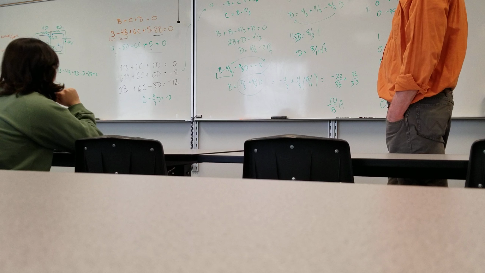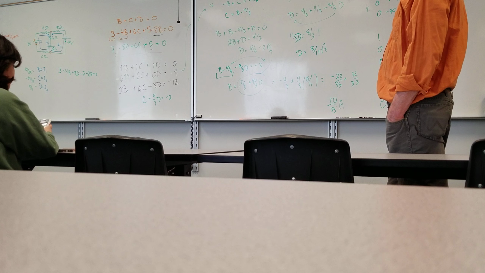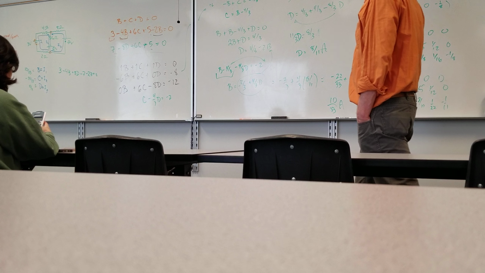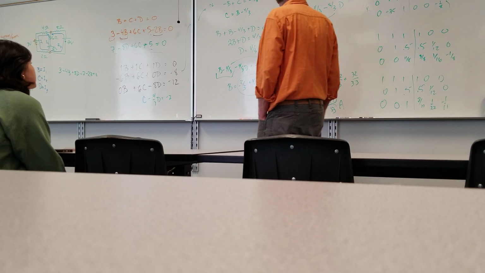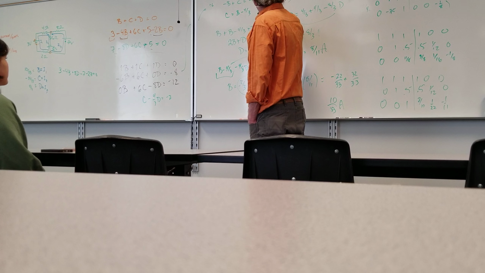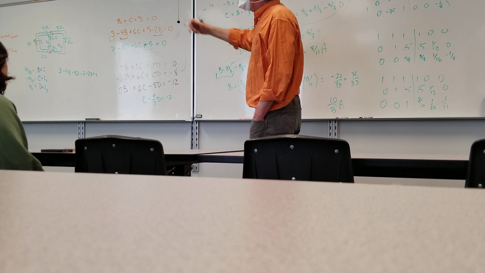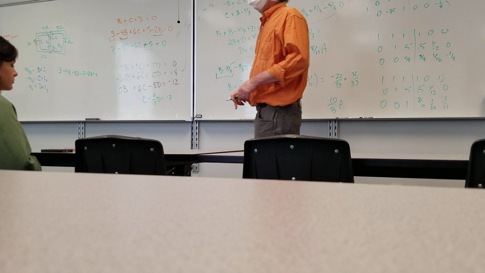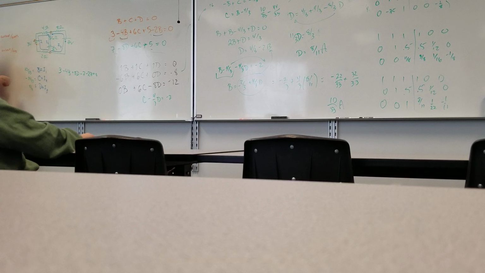Oh, wait, yeah, I was thinking thirds, and it's thirty-thirds. So this is 10/33 minus 44/33, which is negative 34/33. Yeah, that's right. I was thinking they were both thirds for some reason. And these would be amps.